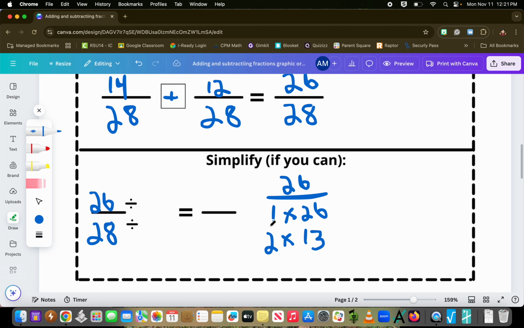So my factors of 26 are just 1 and 26 and 2 and 13. Now if we think about 28, again, you can use a multiplication chart. This makes that a little easier. We got 1 times 28. I got 2 times 14.